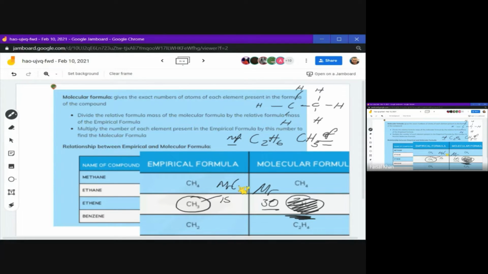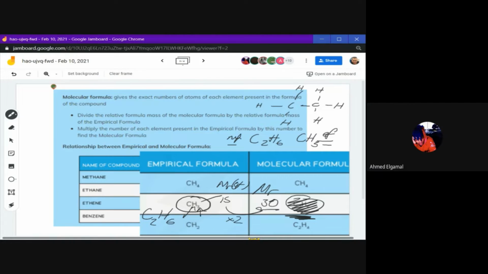The molar mass of the empirical formula is 15, and to get from 15 to 30, you have to multiply by 2. Each of these numbers then has to be multiplied by 2, and then you get your molecular formula. Are you following me? Yes, sir.